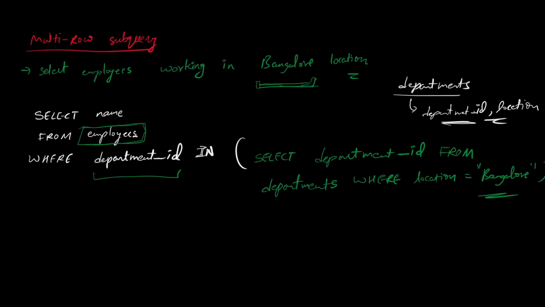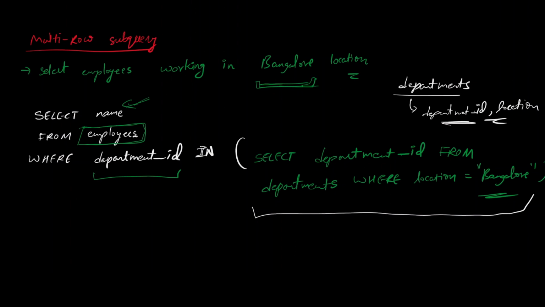So it will filter out all the department IDs where the location is equal to Bangalore. Based on this filter, it will display the names of employees who are working in Bangalore. Now, the output of the select statement from this subquery will have more than one row because you can have more than one department where the location is Bangalore. So that is why it is called a multi-row subquery.